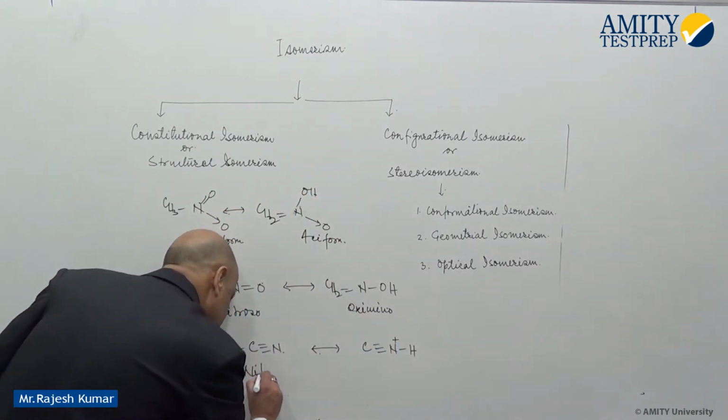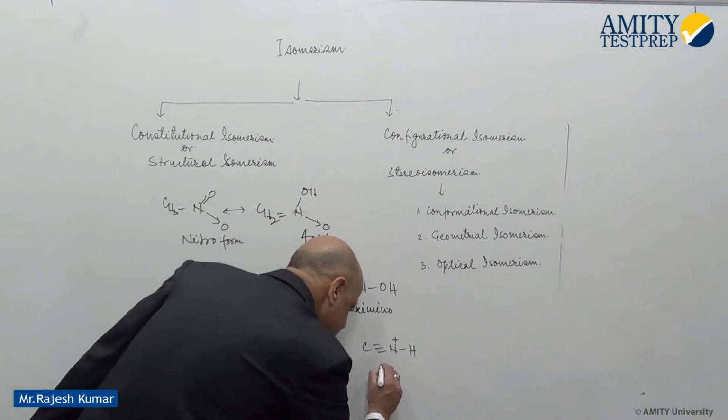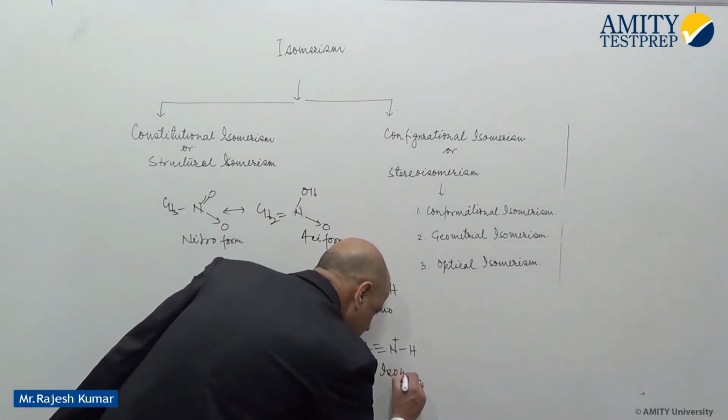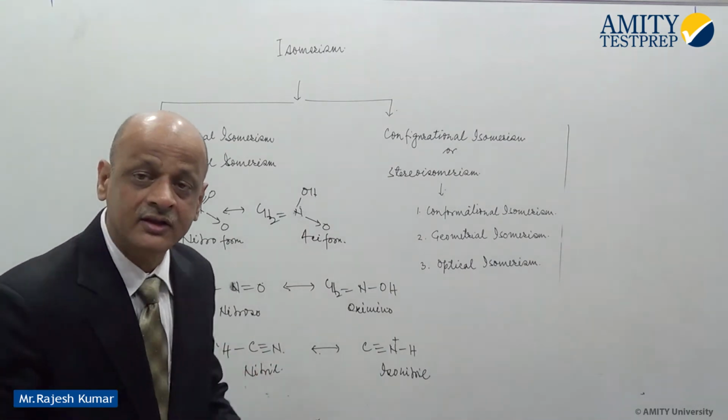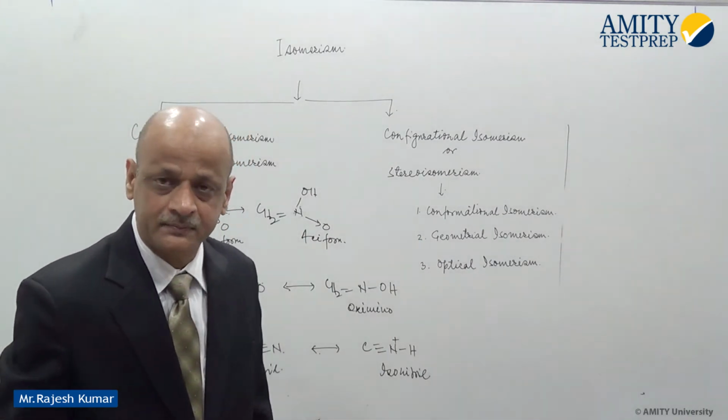Nitrile and isonitrile form. These all are the tautomers and this is called tautomerism.